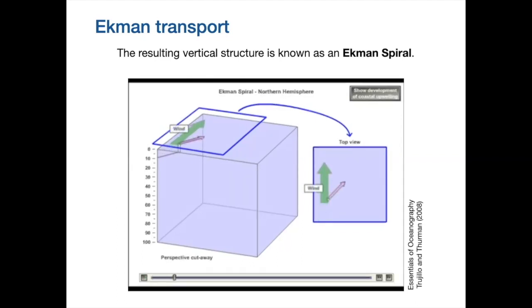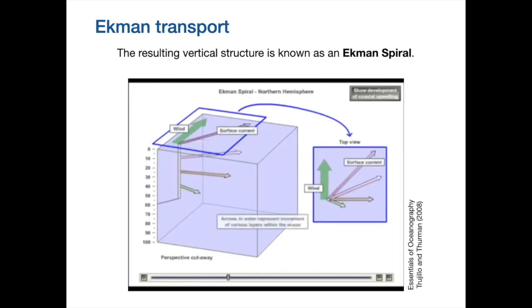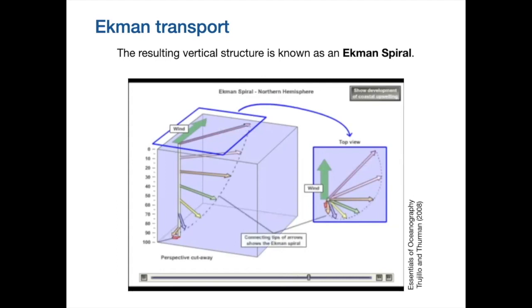So you can see here the layers going to the right and decreasing, and will eventually go in an opposite direction to the wind, but at a much lower magnitude. So it creates this spiral. And this spiral, depending on the latitude and the wind speed, can be 10 to 100 meters thick.